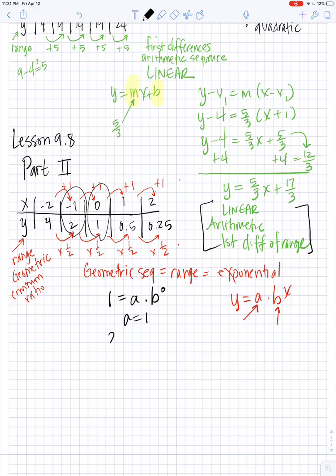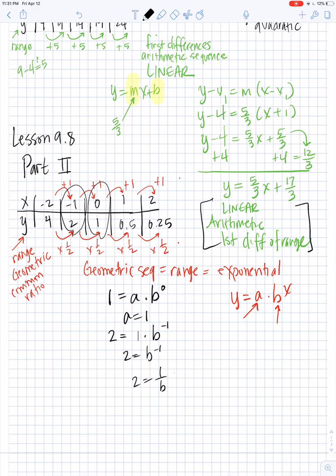So that means that when y is 2, a is 1 times b to the -1. 2 equals b to the -1. 2 equals 1 over b. b to the -1 is 1 over b. I could multiply both sides by b, so that means 2b equals 1, in which case b equals 1/2.